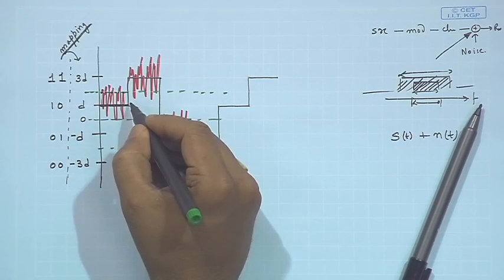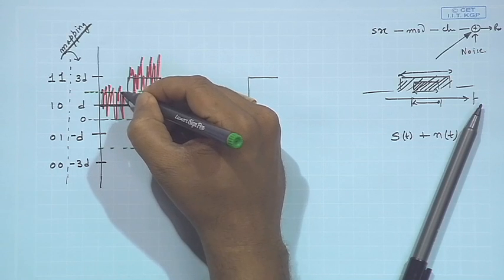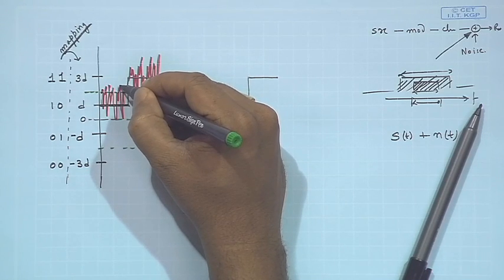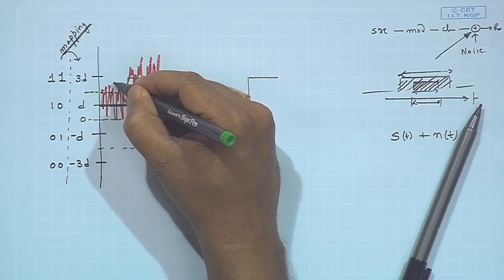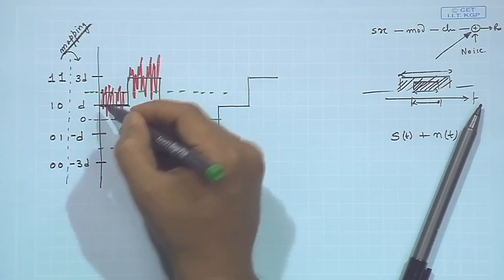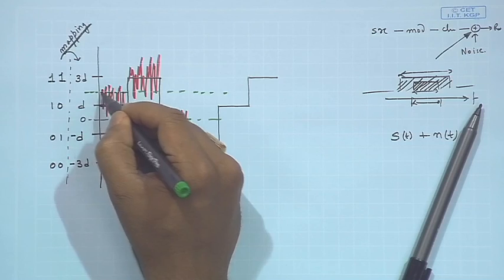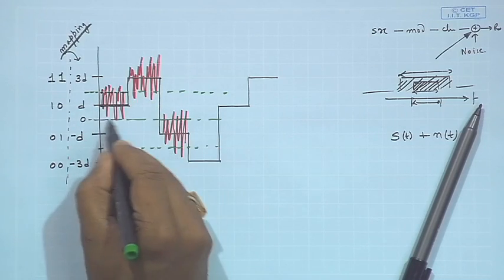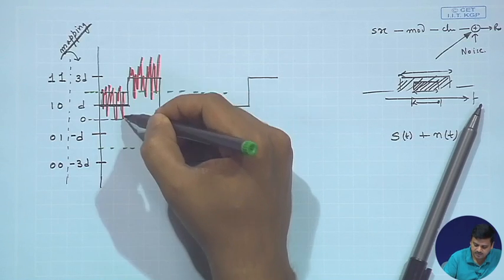The receiver simply observes this, compares it with a threshold, right. If the received signal goes above this threshold, it would say that plus 3D is the received amplitude, because in this part it has no resolution. If the received signal voltage is below this decision and above this decision, so if it is within this band, you would map it to D.